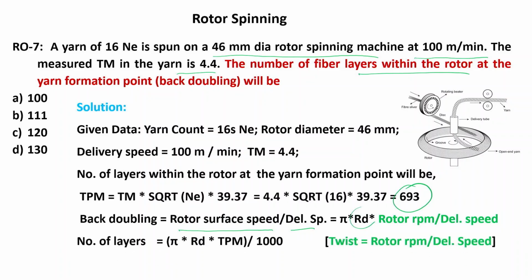So, number of layer rotor, the twist is rotor RPM by delivery speed. So, it will become 100. So, number of layers, that is the back doubling, equal to 100.